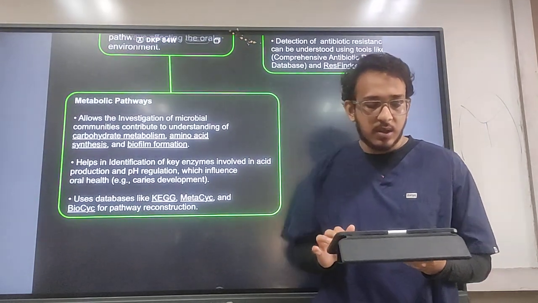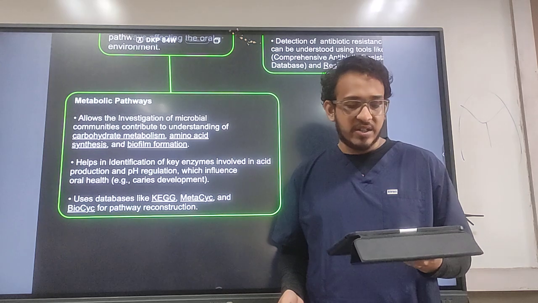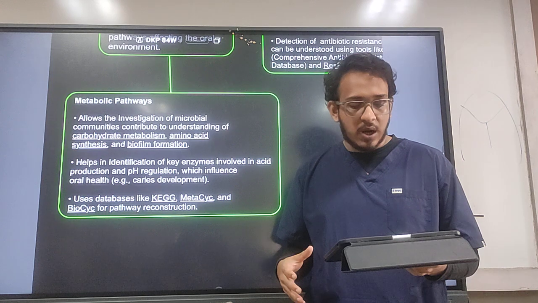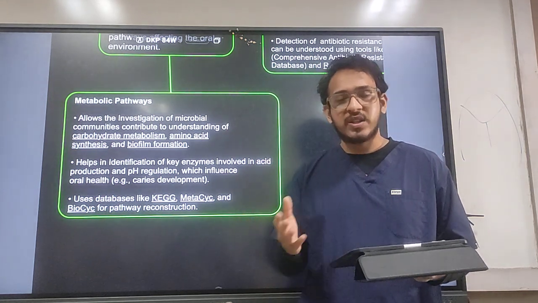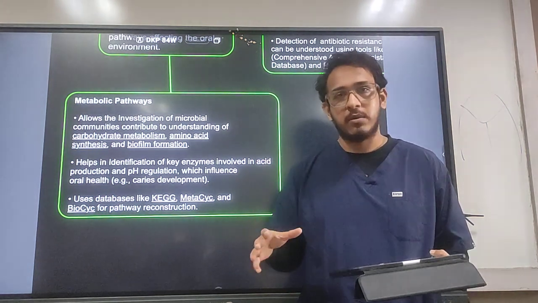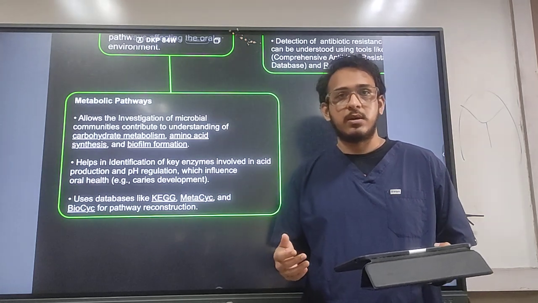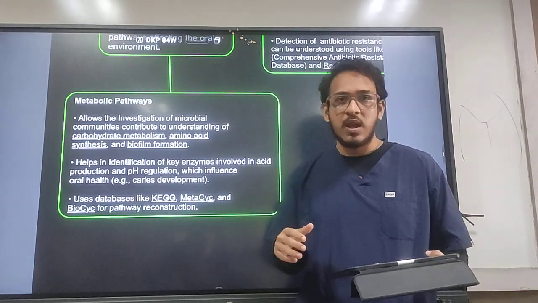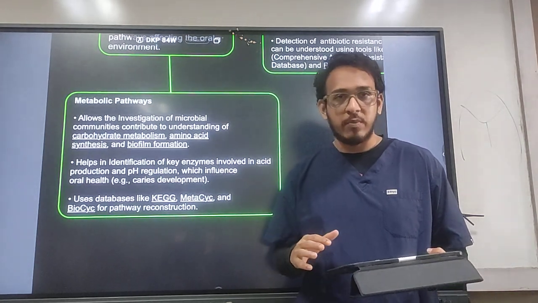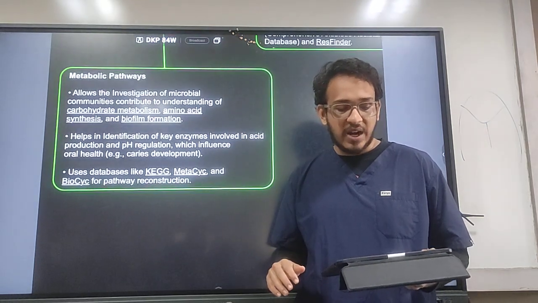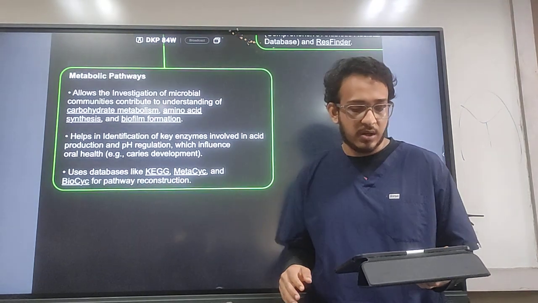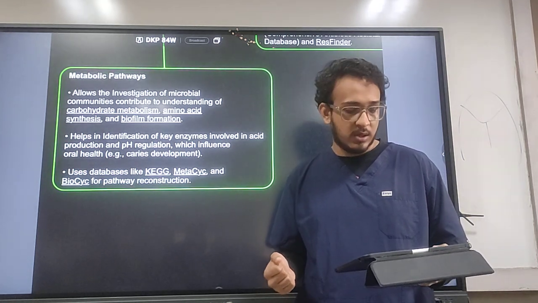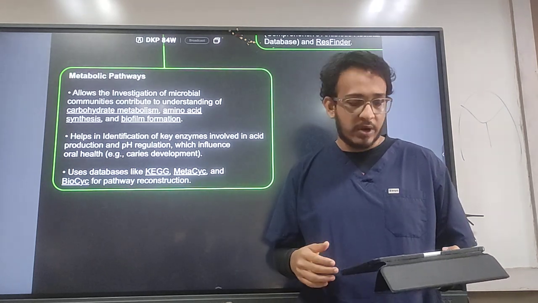The metabolic pathways analysis allows us to investigate microbial communities and understand how the metabolism of different substances occurs in the microbe, such as carbohydrate metabolism and amino acid metabolism, and also helps in assessing how biofilm formation occurs. This helps in identification of key enzymes involved in amino acid production and pH regulation, which also affects oral health.